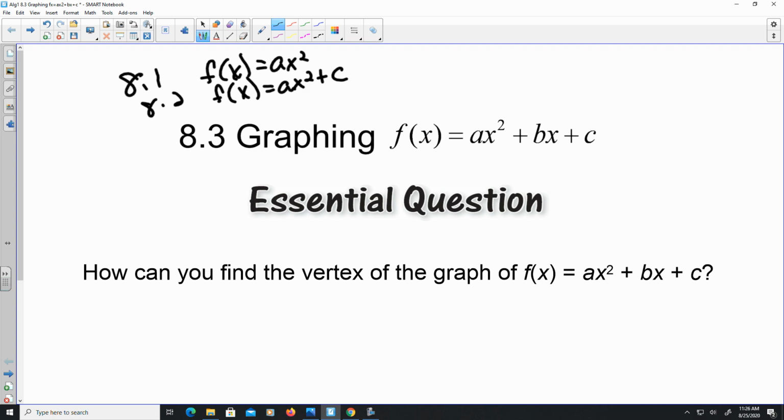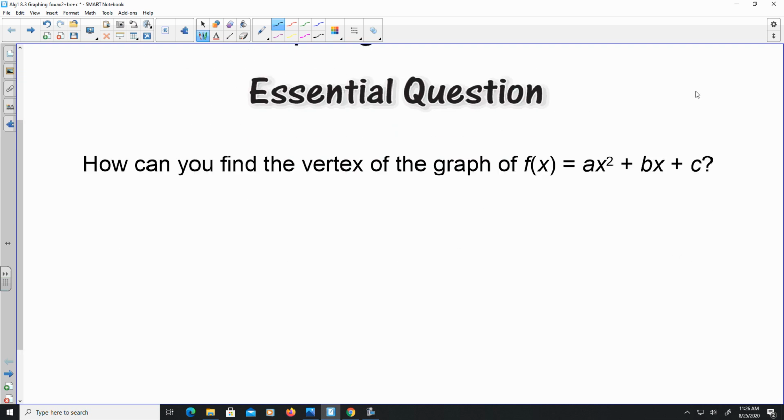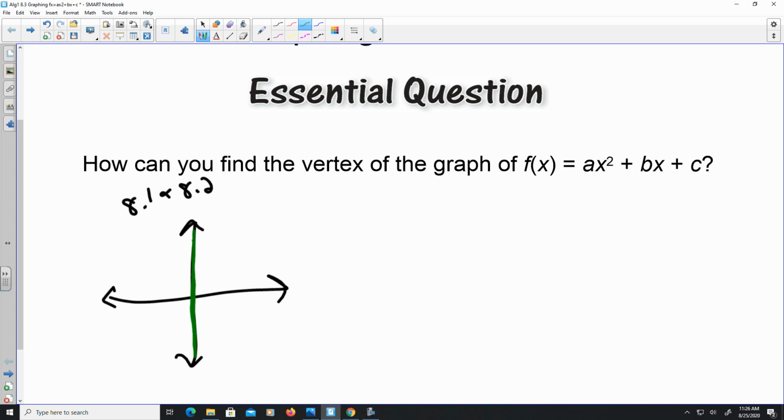So we've asked, how does this change the vertex? Well, in previous sections, 8.1 and 8.2, all of the vertex coordinates were located along the y-axis. So if you looked at your coordinate plane, in 8.1 and also in 8.2, your vertex was located somewhere along this y-axis, depending on your value of c.